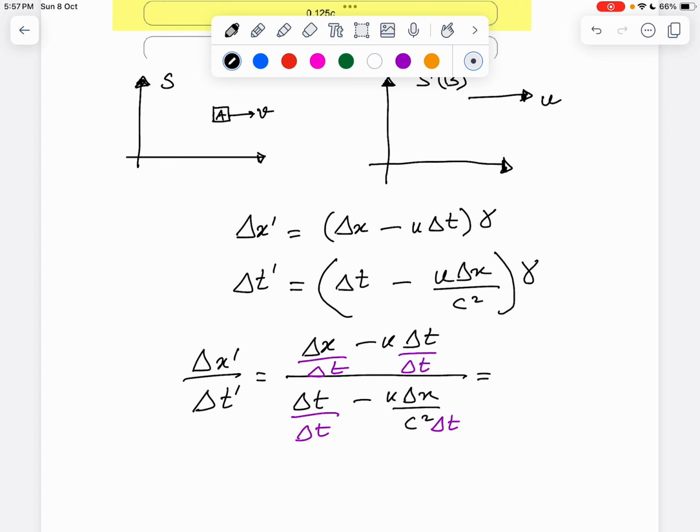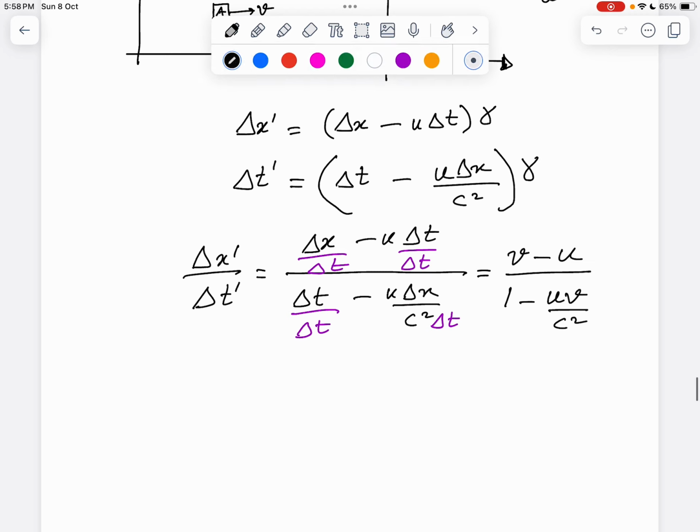Delta x by delta t is simply the speed v, the speed of A relative to frame S, the Earth. So S here is the Earth. So delta x by delta t is v minus u, because delta t cancels. Same thing down, 1 minus u times delta x by delta t, which is again v, over c squared.